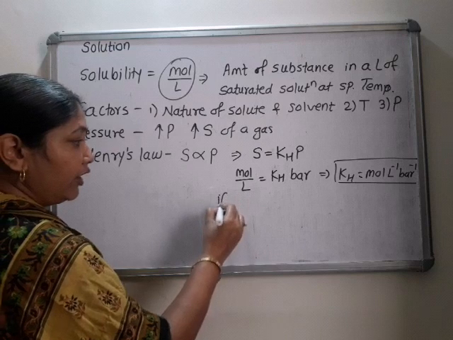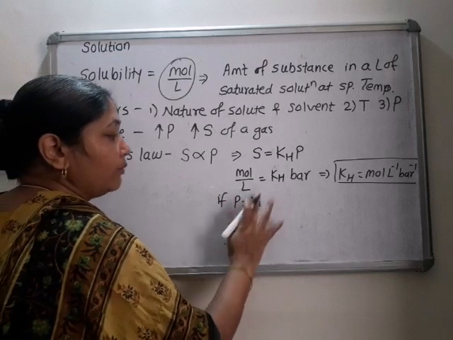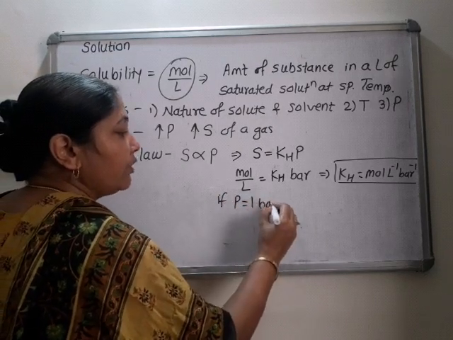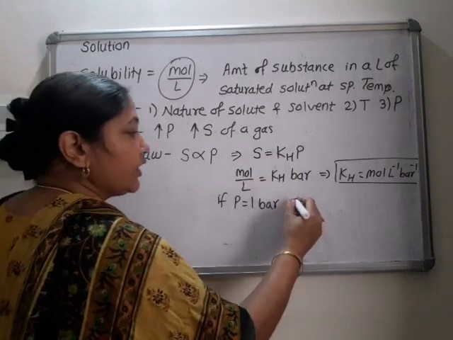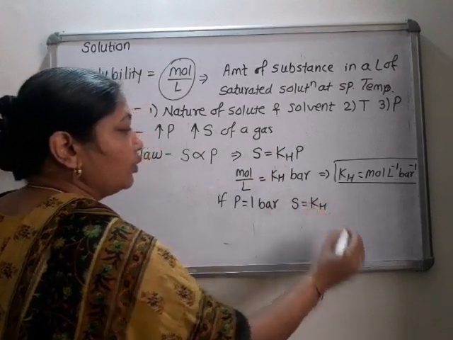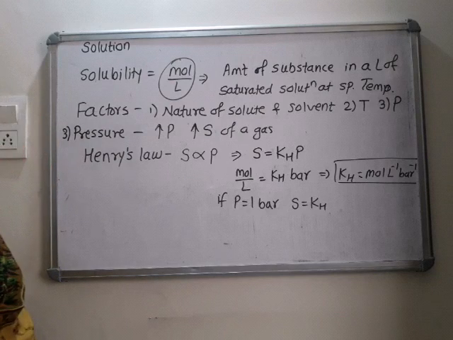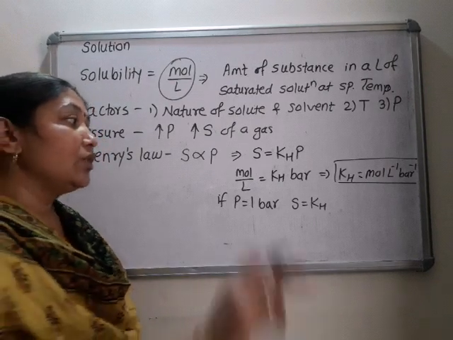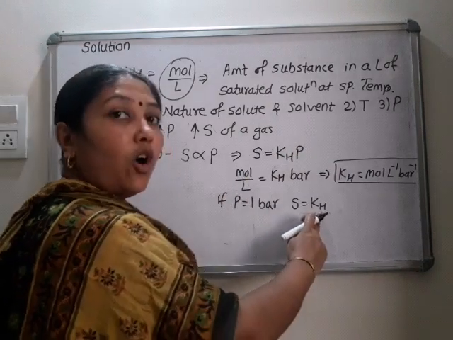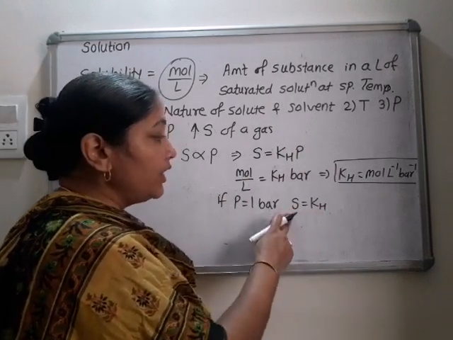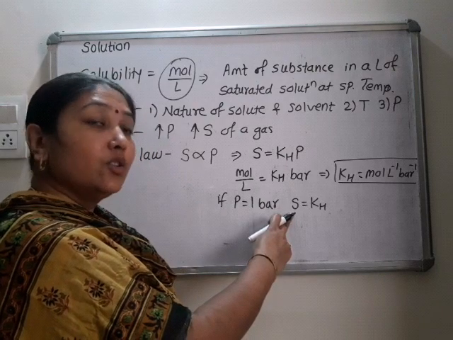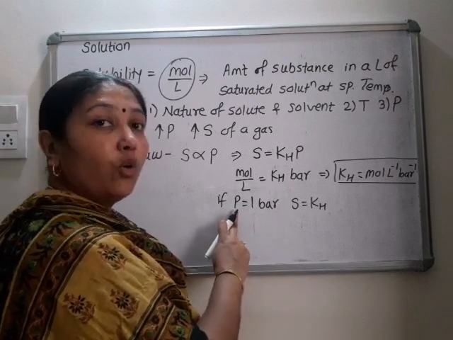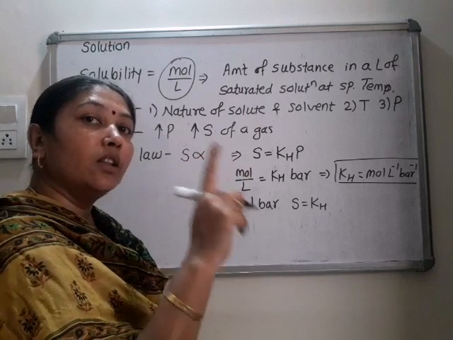If we put P equal to 1 bar, then the equation becomes S is equal to KH. So we can say Henry's constant is the solubility of a gas in a solution when the pressure over it is 1 bar.